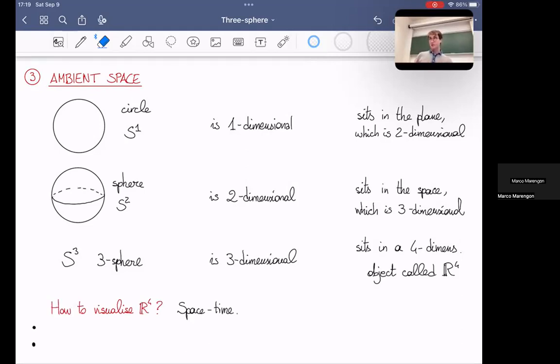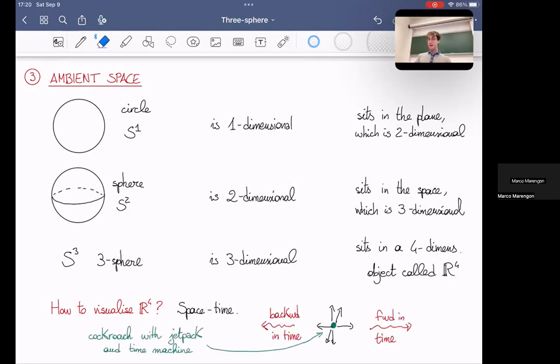So one question that sometimes I receive is, what is this four-dimensional direction? We mentioned earlier that the dimensions are somehow the number of independent directions in which you can move. So you have forward and backward, left and right, up and down. What is the fourth one? And one way to visualize this fourth dimension is time. So in addition to the usual three lines of directions, we add time.